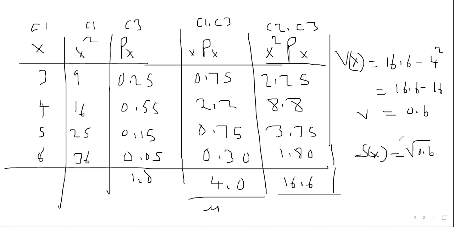Square root of 0.6 is 0.77. Any questions? So this is how we create the discrete random variable. I hope that is clear.